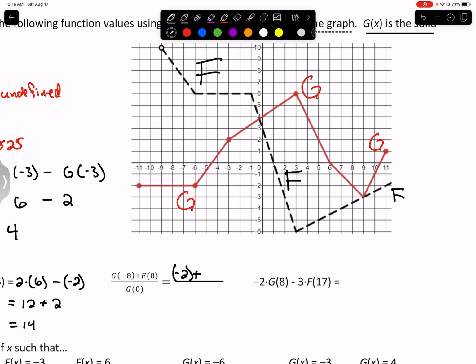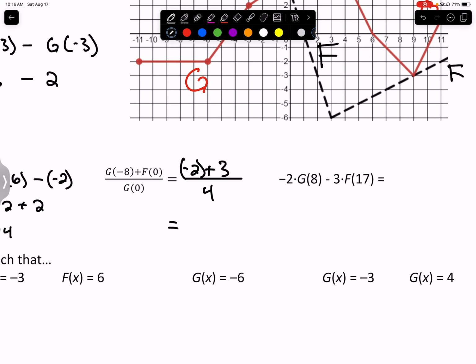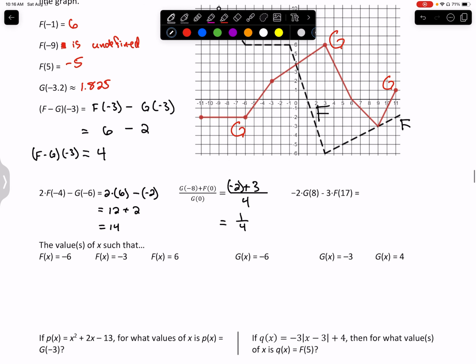That's a 3. And then dividing by g of 0, that's the y-intercept of the solid red curve. That's a 4. Negative 2 plus 3 is 1, so it's 1/4. There's no need to make it into a decimal. If you chose to, do it to 3 decimal places.